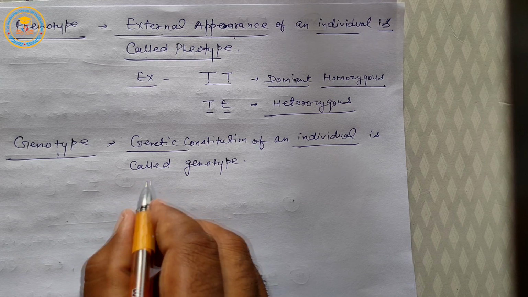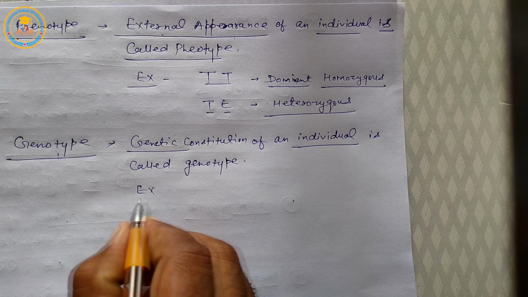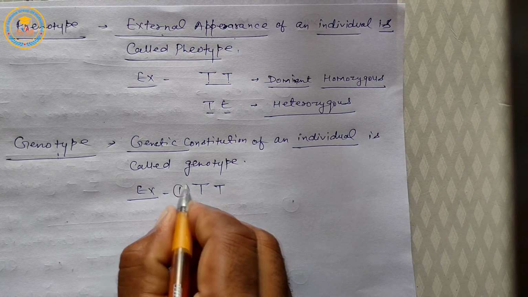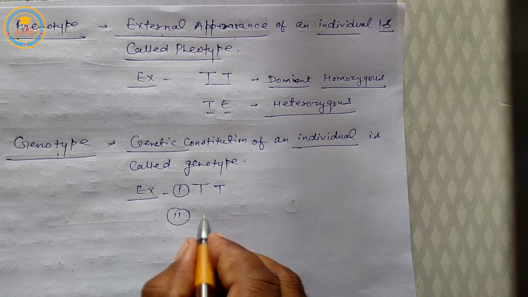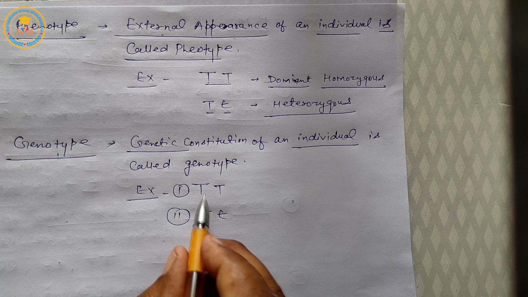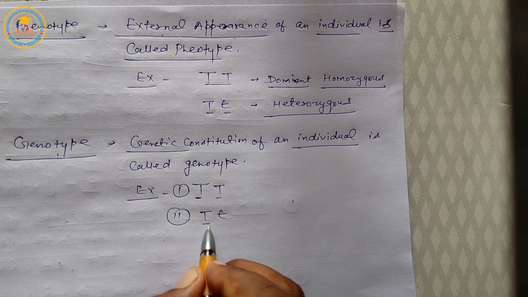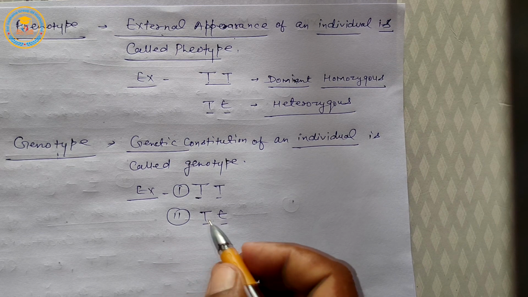For example, first, second, this is a dominant gene, dominant and recessive.